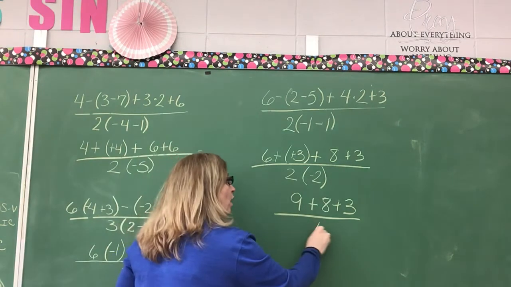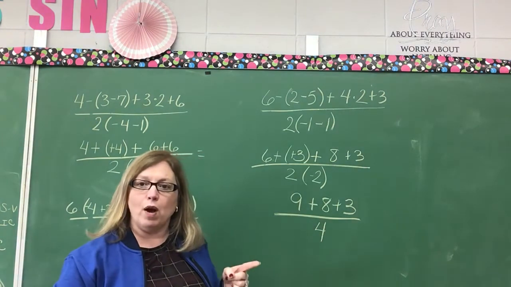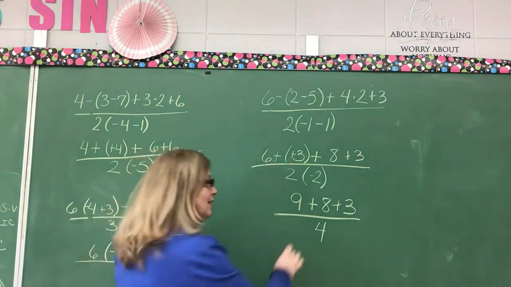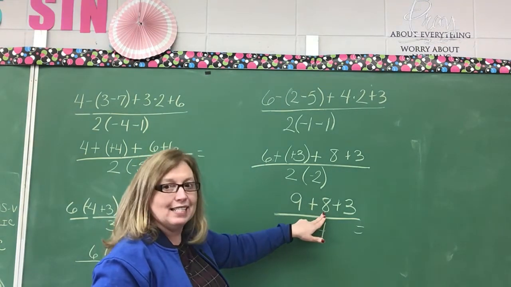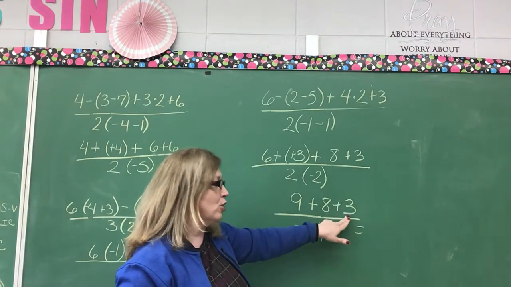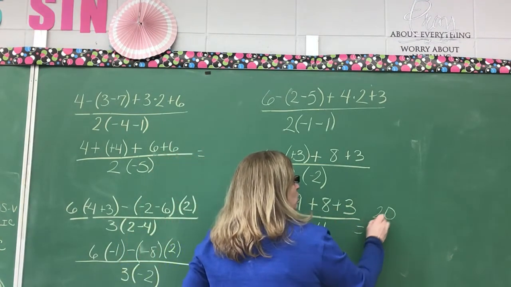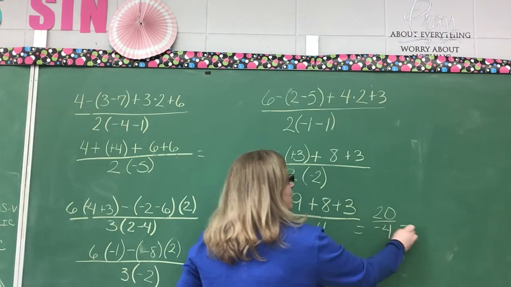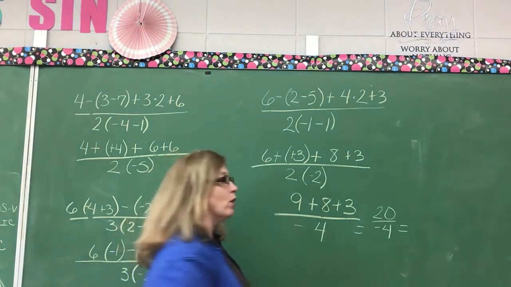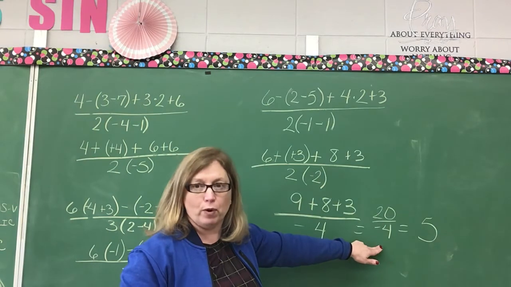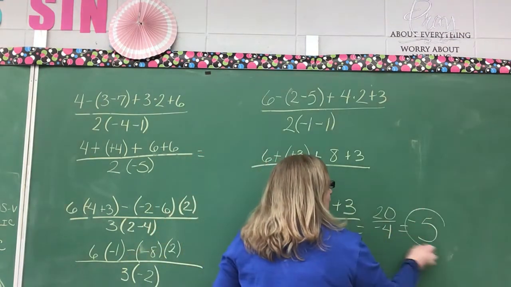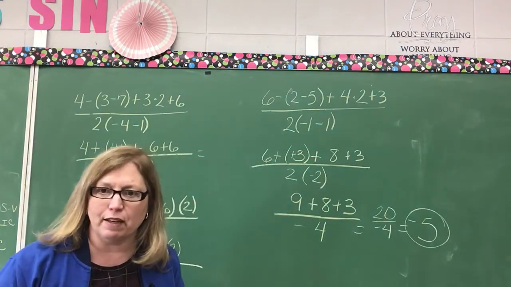It's 4. One is positive, one is negative, so the answer is negative. Now let's put it all together. 9 plus 8, 17. 17 plus 3 is 20. So we have 20 over negative 4. 20 divided by 4 is 5. Since the 20 is positive and the 4 is negative, the answer is negative. So my answer is negative 5.